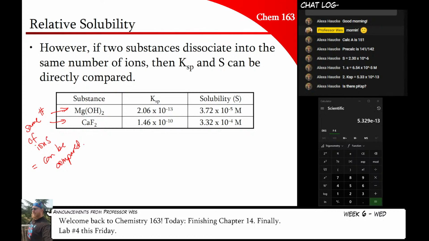And as you can see here, the Ksp that's smaller is indeed the one that is less soluble, because the solubility S for it is a smaller number. So for magnesium hydroxide, Ksp is 10 to the minus 13, and the solubility S is 10 to the minus 5. So it's less soluble than the other one, which has Ksp 10 to the minus 10 and solubility 10 to the minus 4.